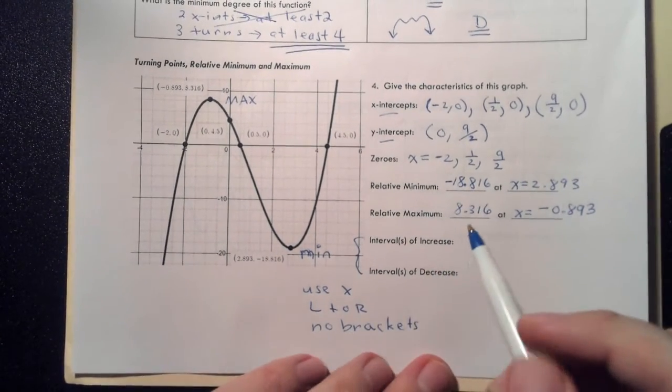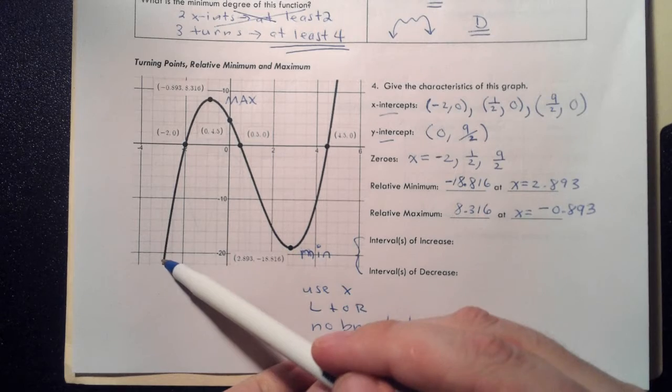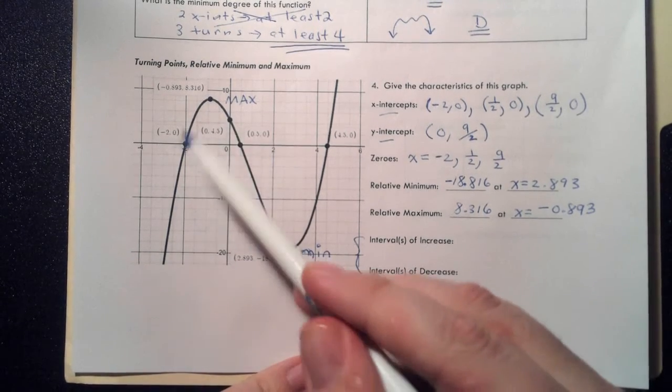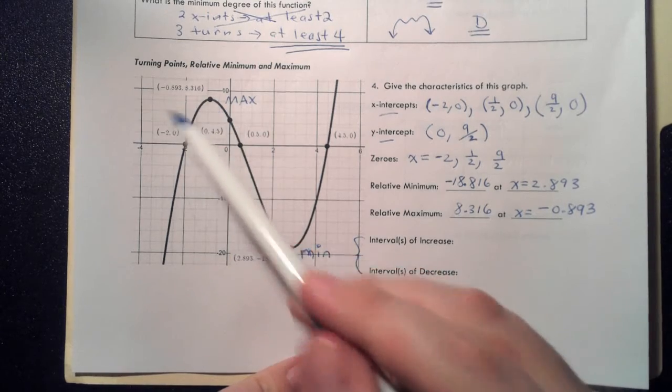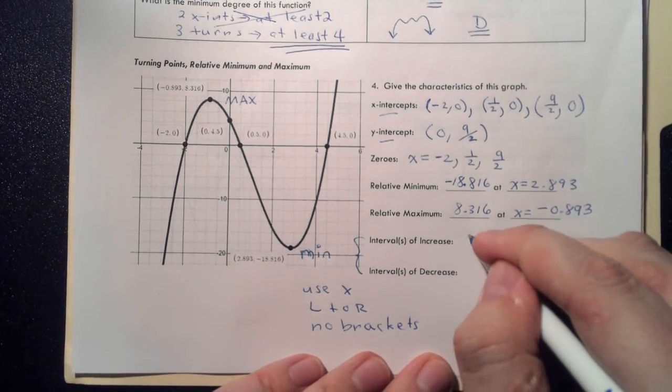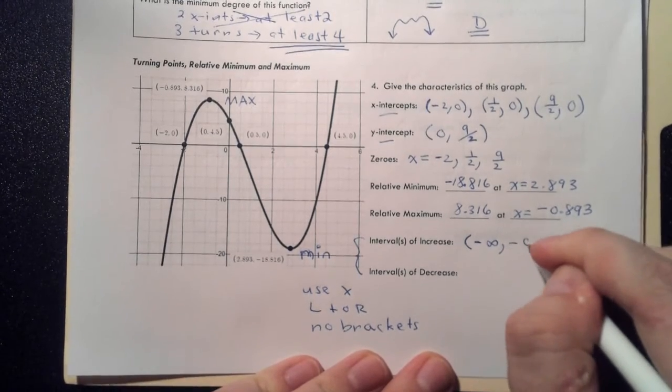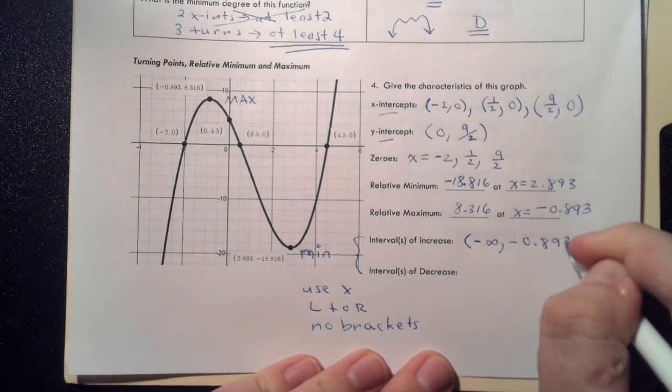So for the interval of increase, I come in from the left and I am increasing. I increase from very, very small x's until I reach this point where x is -0.893. So my interval of increase is -∞ to -0.893.